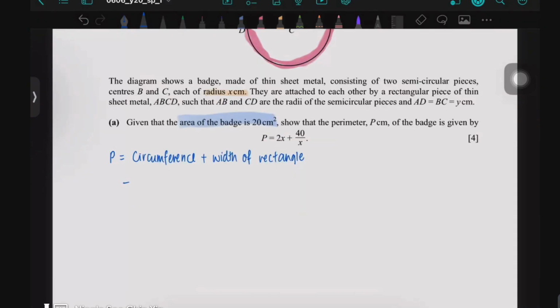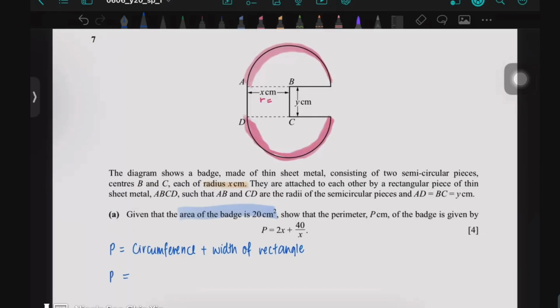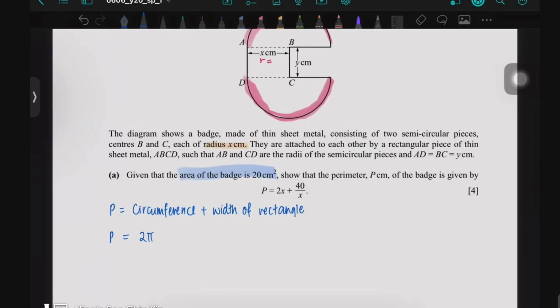So the circumference of this will be 2 pi r plus your width.